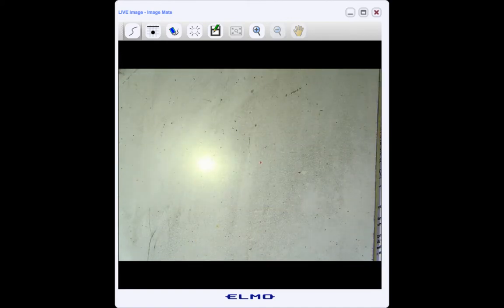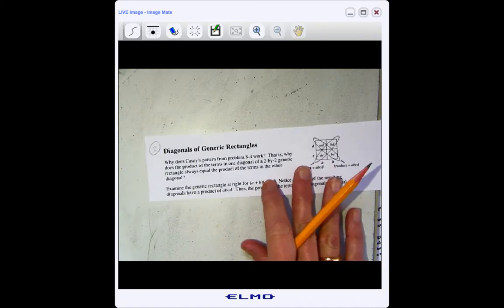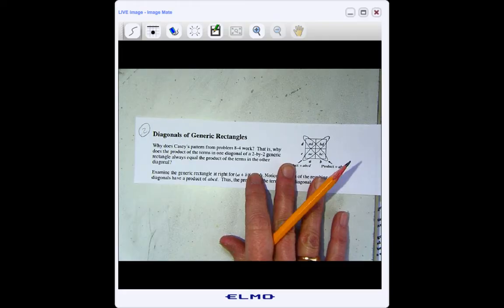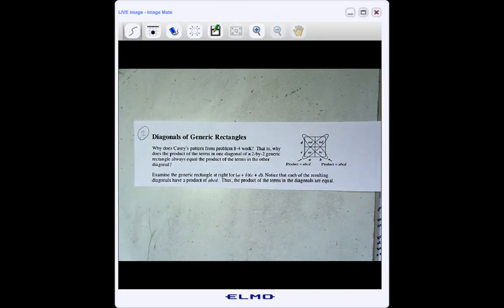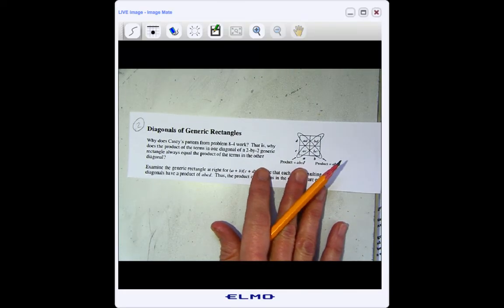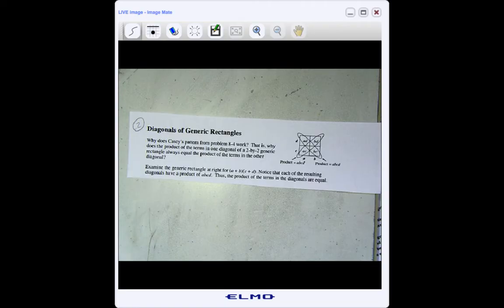Okay, so then the second big idea was this note about diagonals of a generic rectangle. Remember when we were in class when we talked about Casey's pattern, that in any generic rectangle, the product of this diagonal is equivalent to the product of the other diagonal.